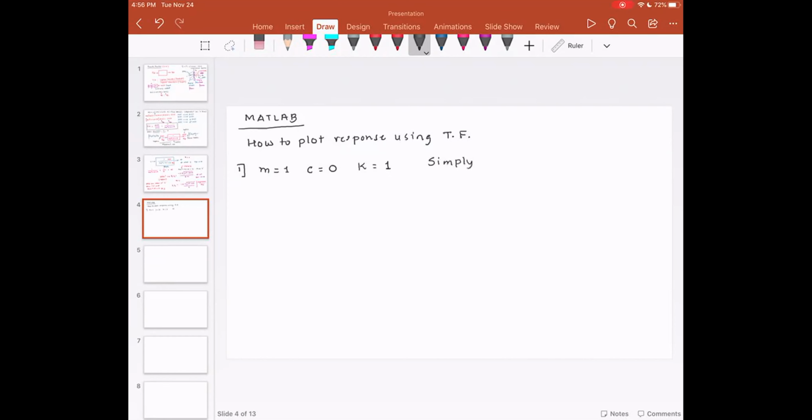The second case that I want to take is M equal to 1, C equal to 1, K equal to 1. So the system is asymptotically stable, which means the poles are on the left-hand side of the plane.